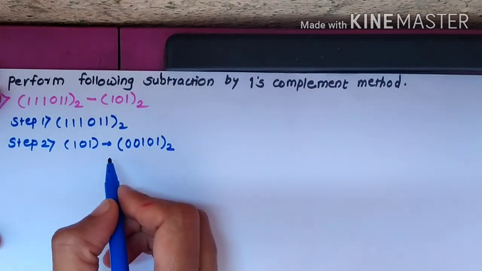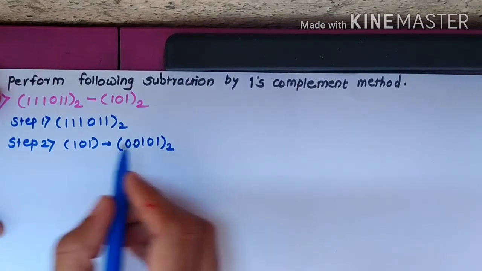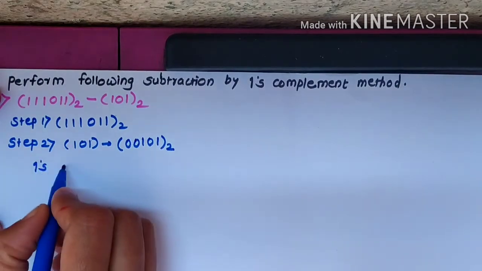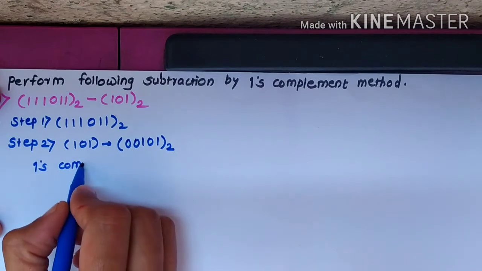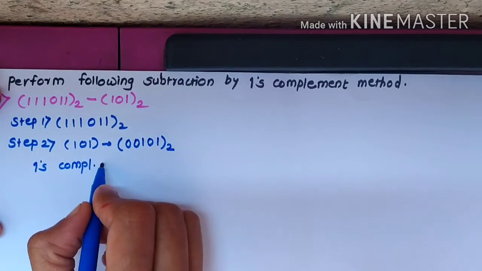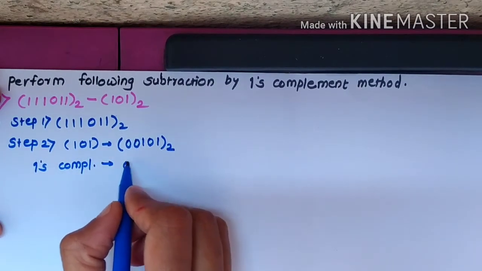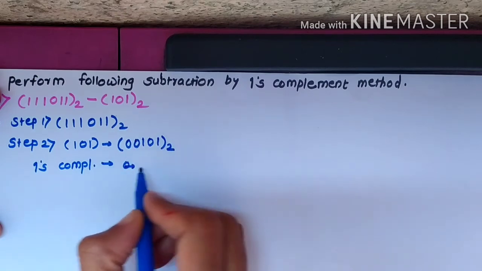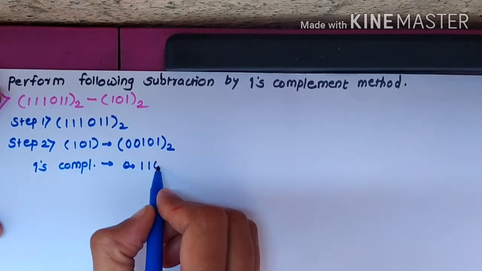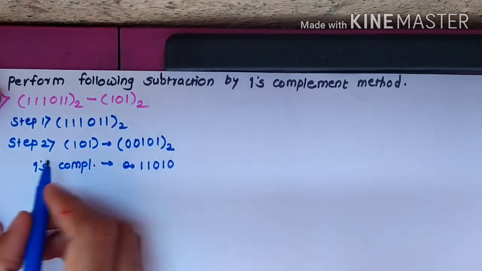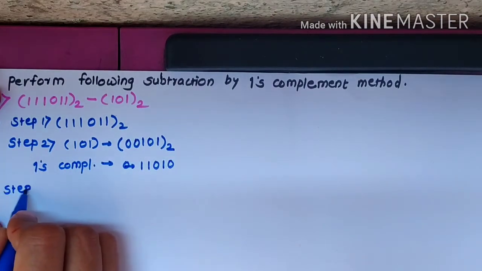We have to find out ones complement of the number. So ones complement of the number will be: 0 replaced by 1, we get 11010. What is step 3?